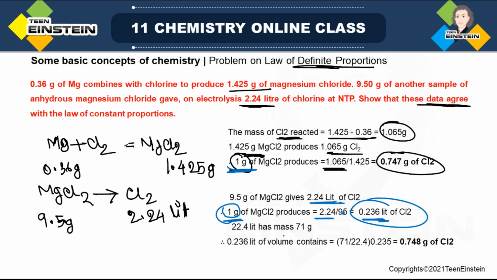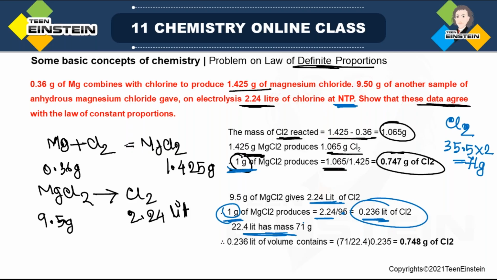Though we have not discussed this information yet, in this chapter you will get to know that 2.24 liter at NTP condition always means that the corresponding mass of the gas will be the molar mass of that particular gas. Now chlorine, if we consider its molar mass, it is 35.5 multiplied by 2, which is 71 grams. So this is the molar mass of chlorine.